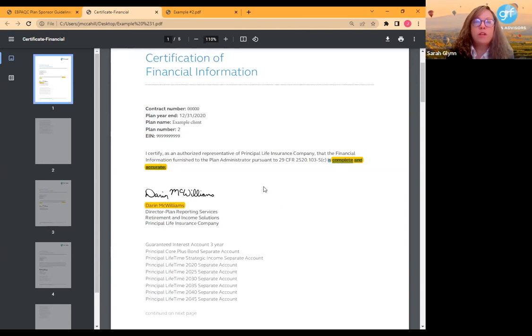Number 4, does the certification of the related reporting package include language that qualifies? In addition to stating the financial information is complete and accurate, the certification has documented that the certification applies to, 1, the plan being certified. As you can see, the plan's name is listed, in this case, Example Client.